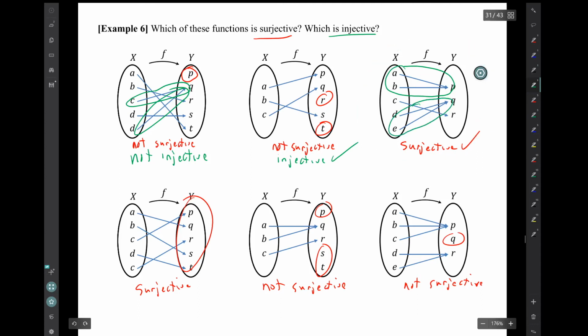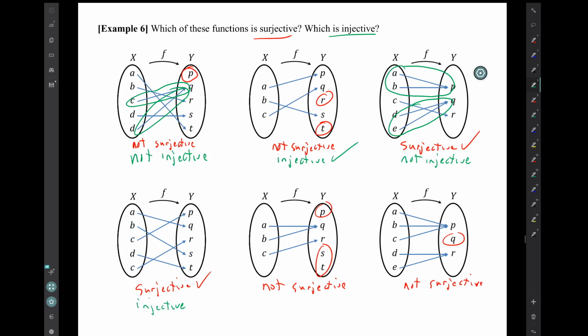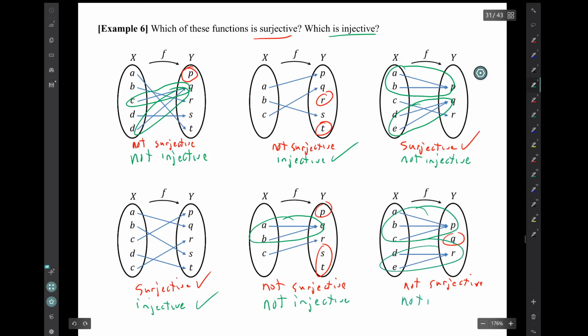So this function is not injective. What about this function? Notice that any two inputs that are different cause outputs that are different. So this function is injective. Now look at this function. These two inputs cause the same output, so this is not injective. And finally, this function is not injective.